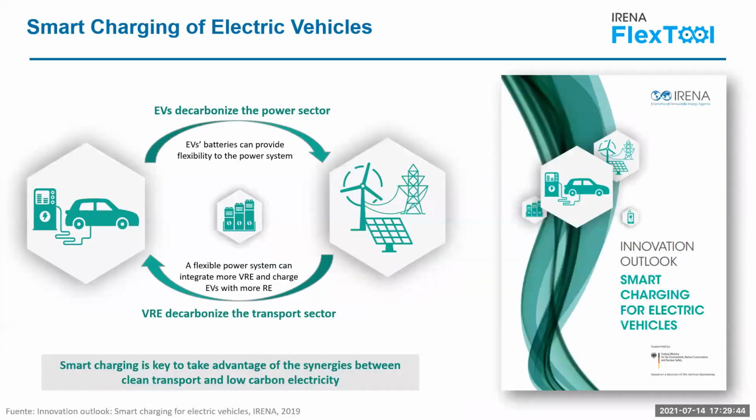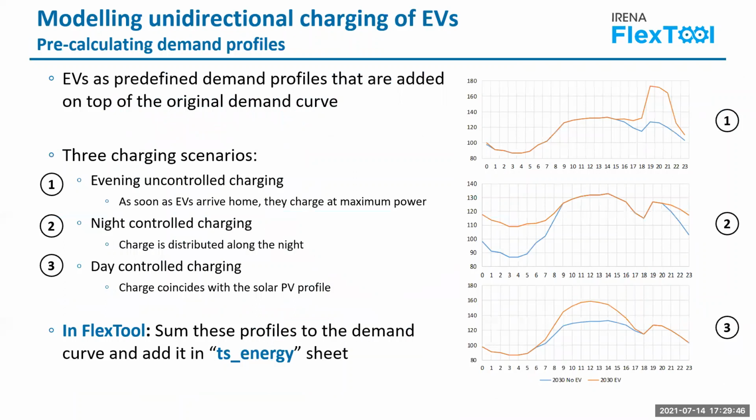Then on electric vehicles, it's the same concept as power to heat and power to hydrogen. But there are different ways actually of modeling electric vehicles. The most simple way is to model EVs as a predefined demand, so that we will add it to our demand profile, and that's it.